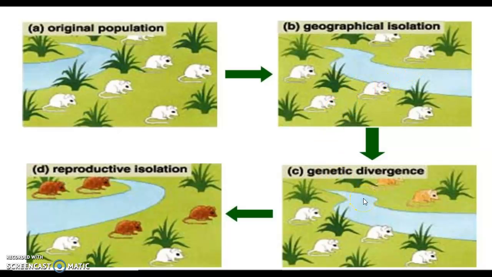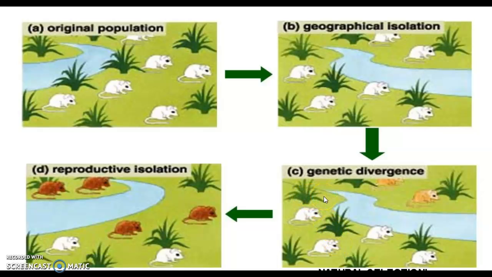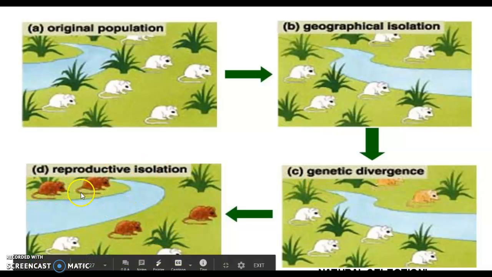And then over many, many years, natural selection occurs in these two different mice populations, causing one type of appearance to be favored in one area and another to be favored in another area. And if enough genetic differences accumulate, you could have a situation where if you were to mix these two populations together again, they would not be able to interbreed.